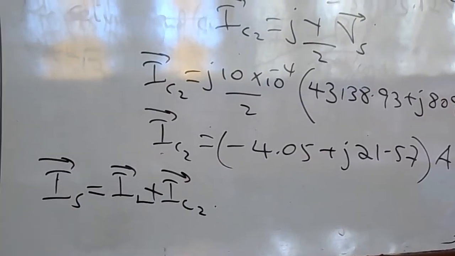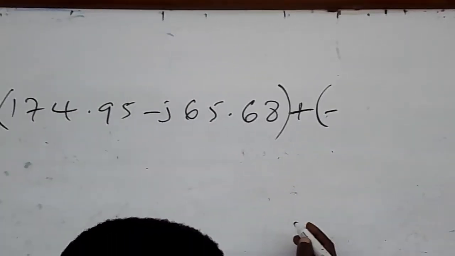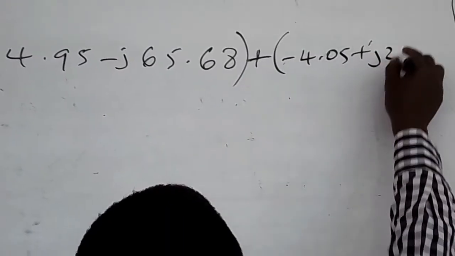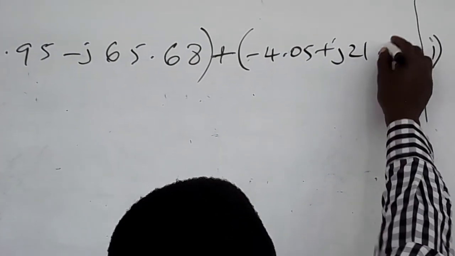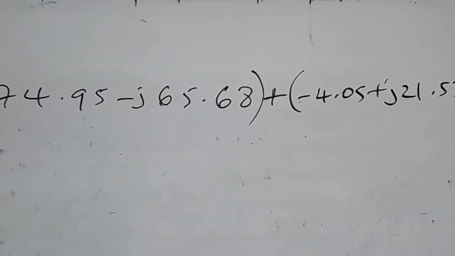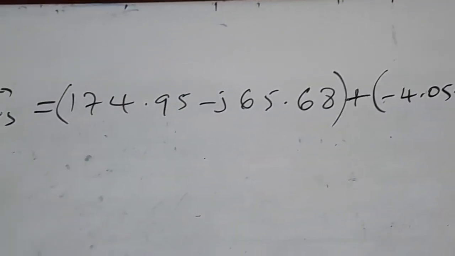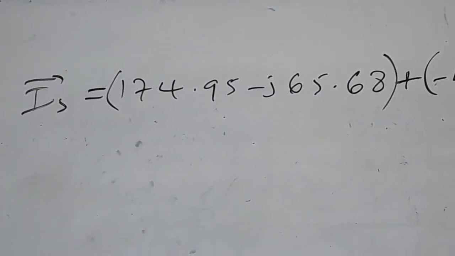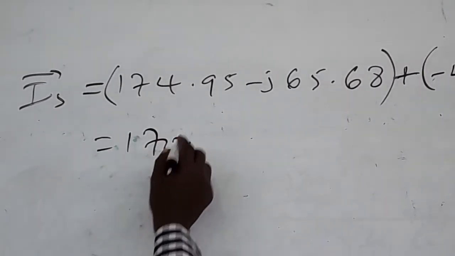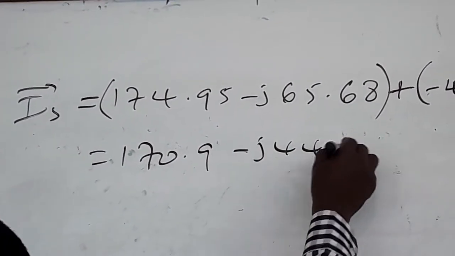That is minus 4.05 plus j21.57. So we can break the bracket and add to give 170.9 minus j44.11.